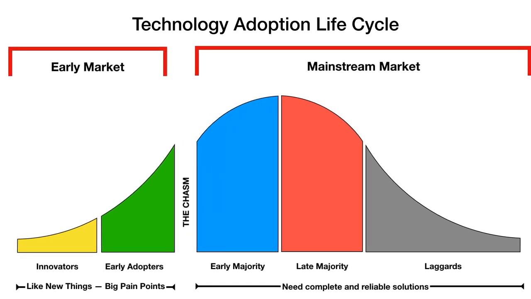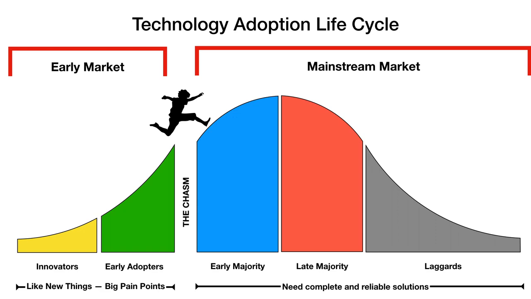And sometimes that difference is called the chasm, because technologies that may do well with innovators and early adopters may fail to catch on in the mainstream. Okay, so there's a whole kind of way of thinking about how do we cross this chasm. There's an excellent book called Crossing the Chasm that I'll link to in the notes below.